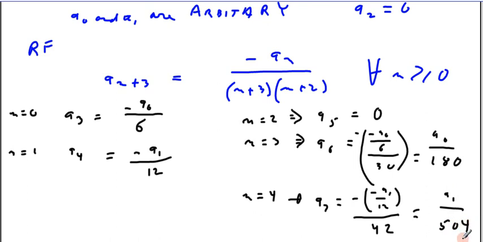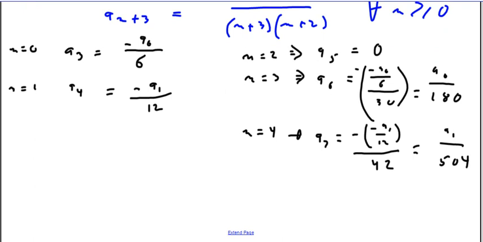And if I look at n is equal to 5, I'm going to get a8, which is going to be 0. Every third guy is going to be 0. Okay, well that's enough to check our work. So we have a final answer.